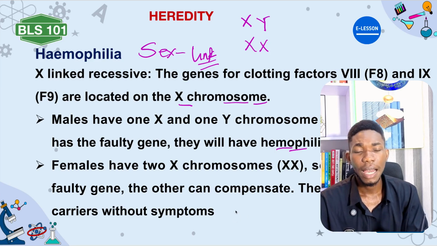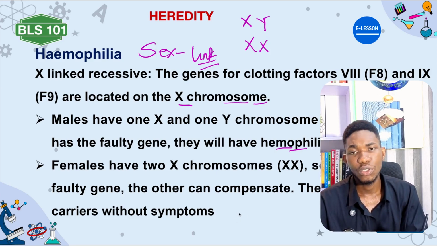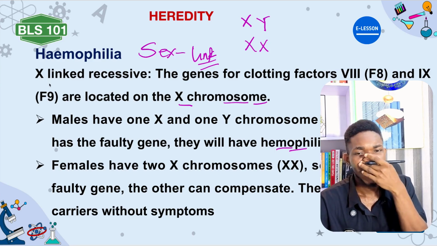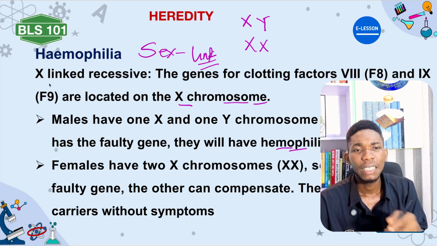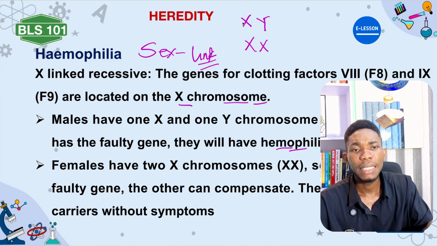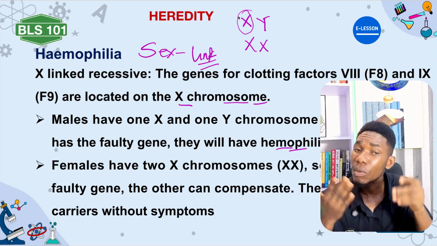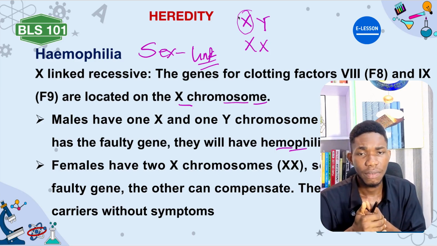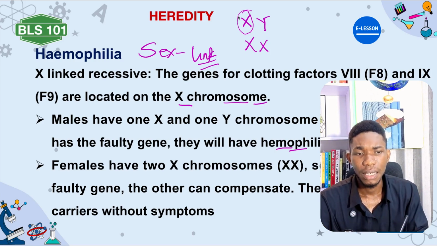Now, one thing you should know is X-linked recessive. X-linked recessive in the sense that if only one X is present and it is showing, you say it's X-linked what? Recessive. Exactly. So that is that for hemophilia.